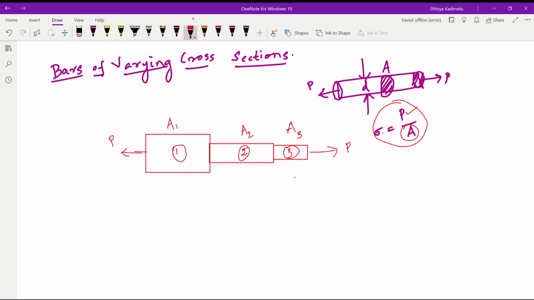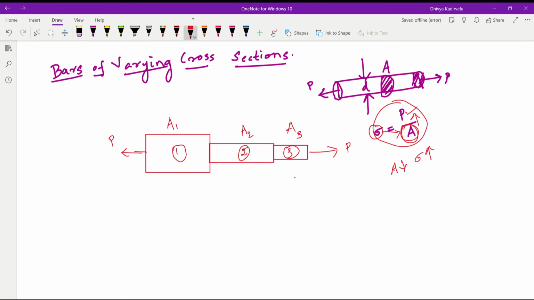The stress is inversely proportional to the area of the cross section. If the cross section area decreases, the stress value increases, right? So there is a relationship between the stress value and the cross section of the element.